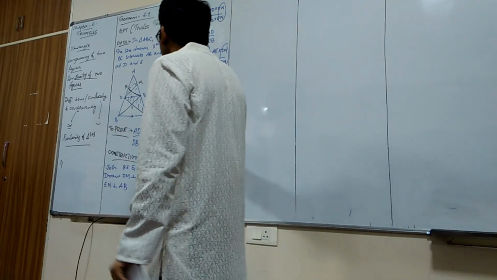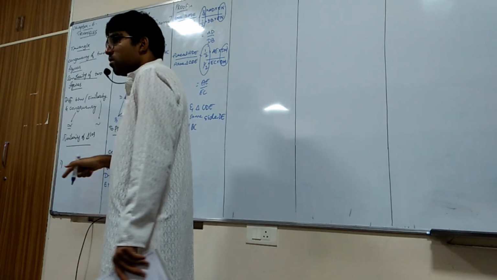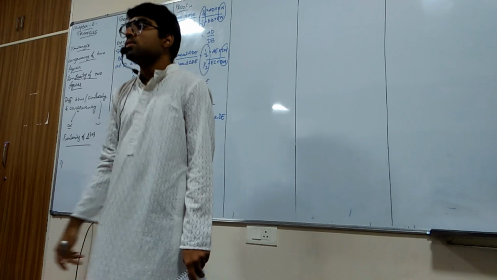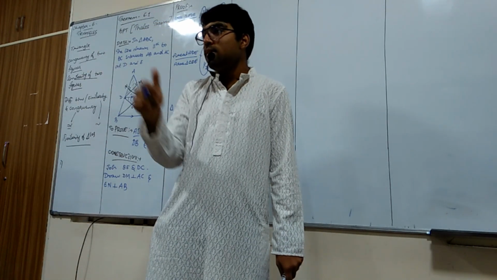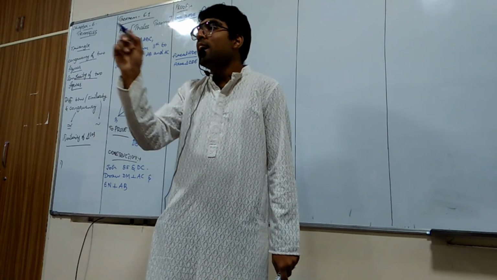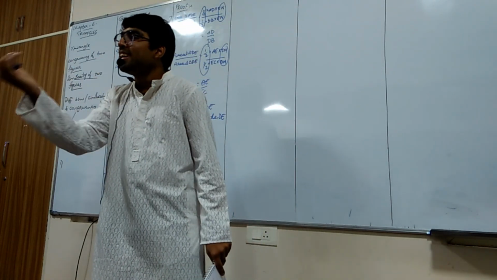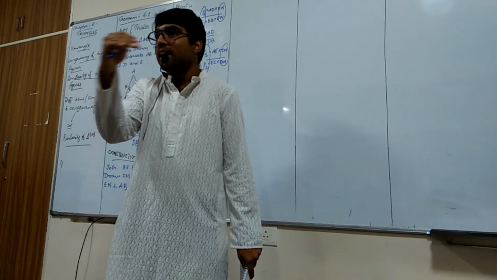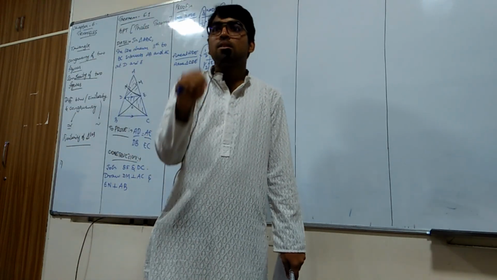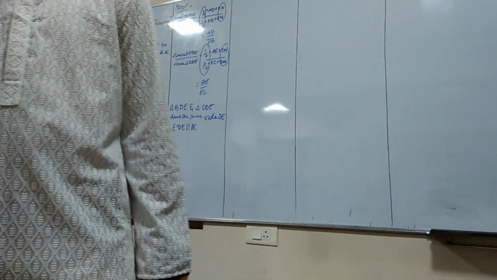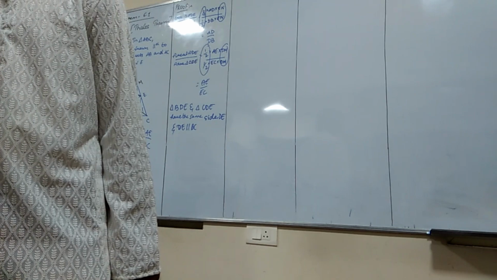Since this is one side, these are the ratios, therefore the base is equal and the height is equal, right? Half into base into height for both the triangles are equal. Yes sir. When the bases of both triangles are equal and the heights of both triangles are equal, half into base into height is equal for all the triangles.